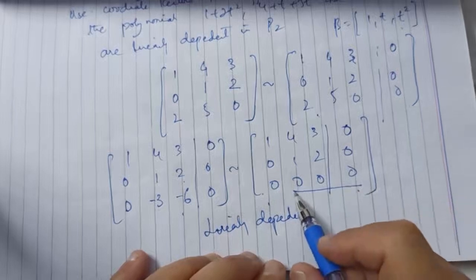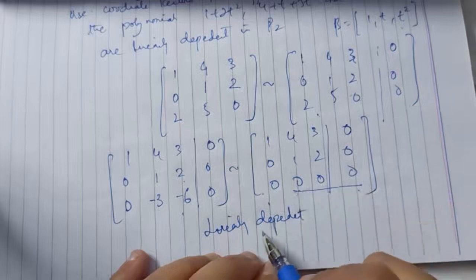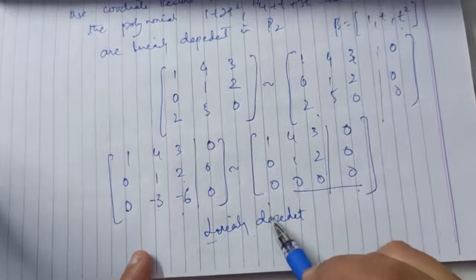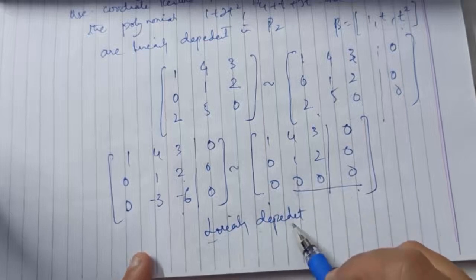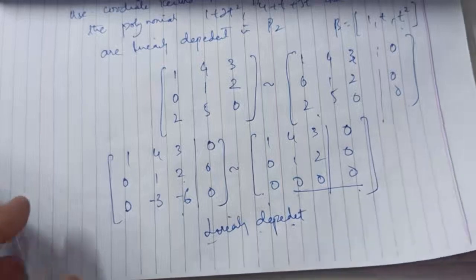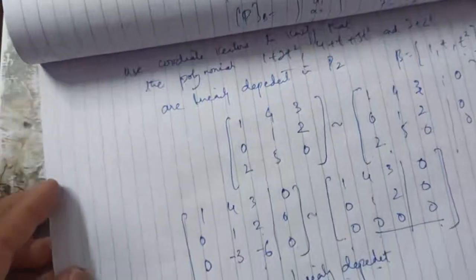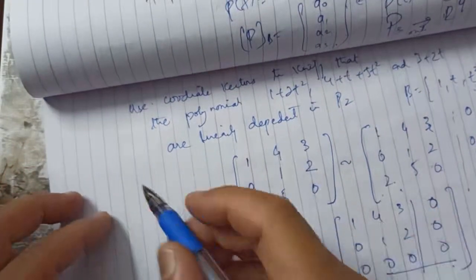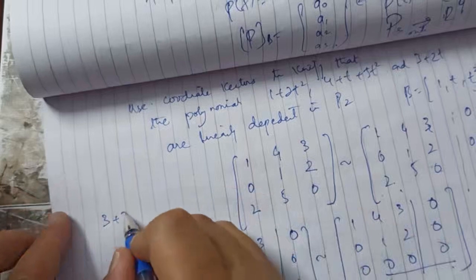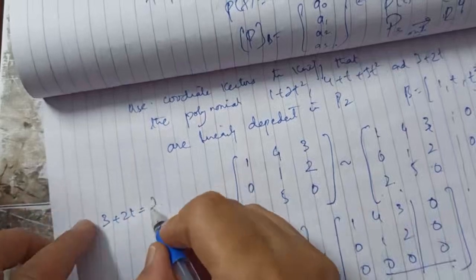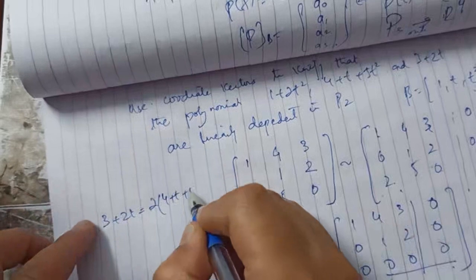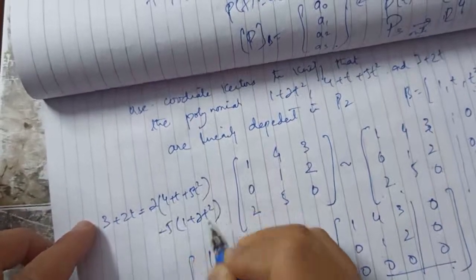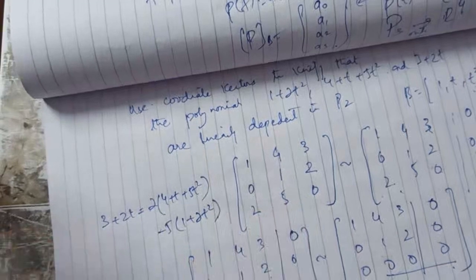When there is a free variable, it means it has a non-trivial solution, and when it's a non-trivial solution, the set of vectors is linearly dependent. And we can see from here as well that this vector, 3 plus 2t, can be written as 2 times 4 plus t plus 5t squared. So it's a combination of two vectors.